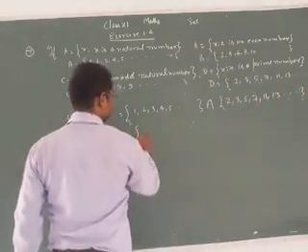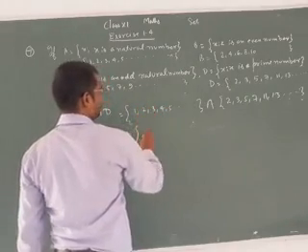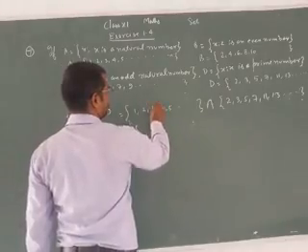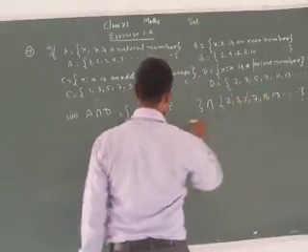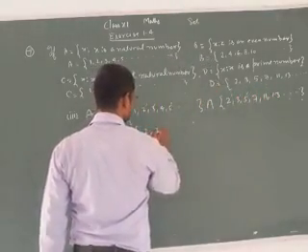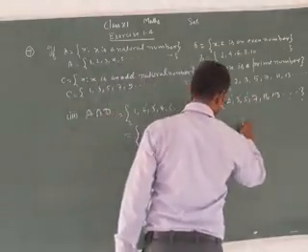The common elements of both sets are 2, 3, 5, 7, 11, and so on.